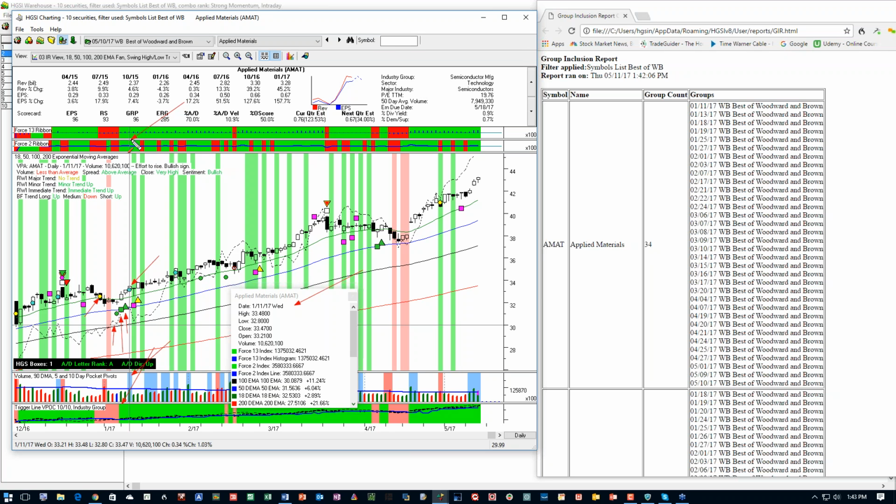The force indexes were already green, and then we had a confirmation of these VPA flags with this effort to rise. And the next day it traded down a little bit, down to the 18-day exponential moving average, and it really never has looked back from there.